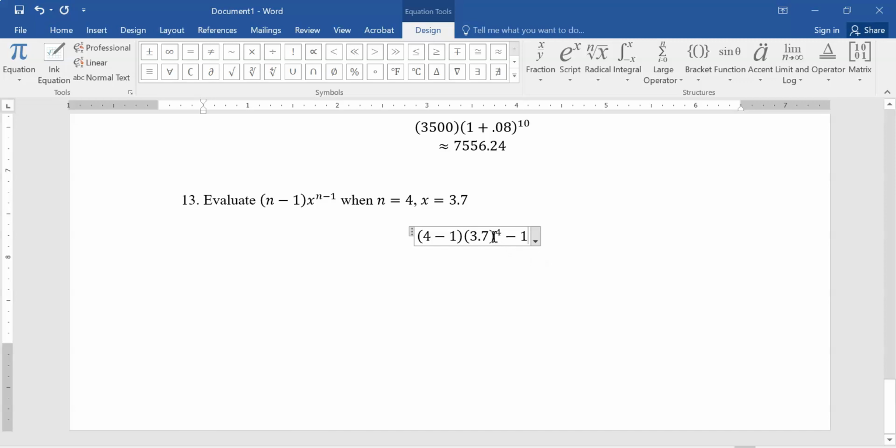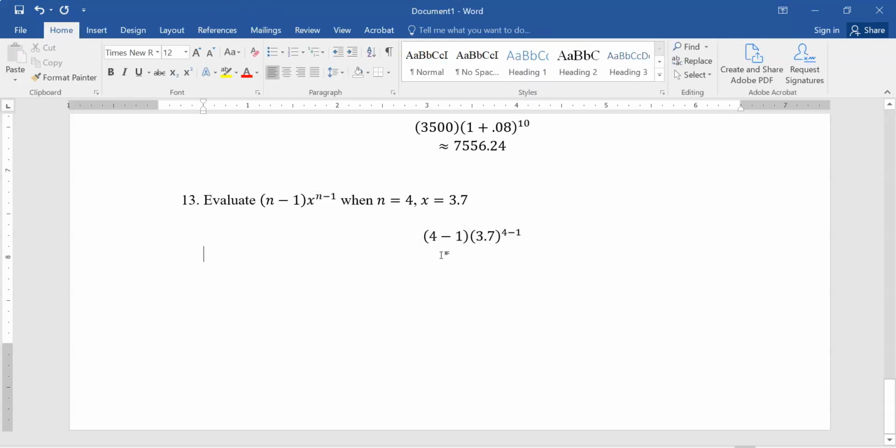So if I put 3.7 caret 4 minus 1, it's going to think we want to take something to the 4th power and then afterwards subtract 1 from it. So what I need to do is I need to make sure that 4 minus 1 actually all happens in the exponent. Now there's a couple ways I can do this when I type this into my calculator.